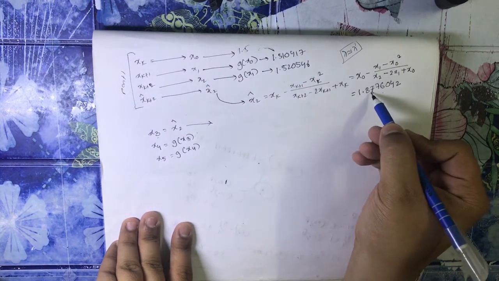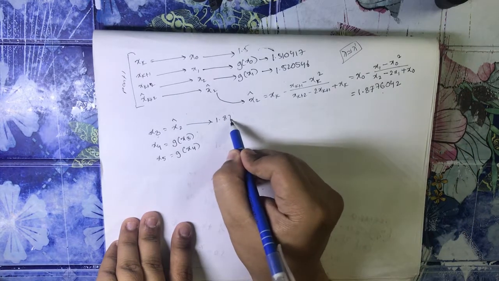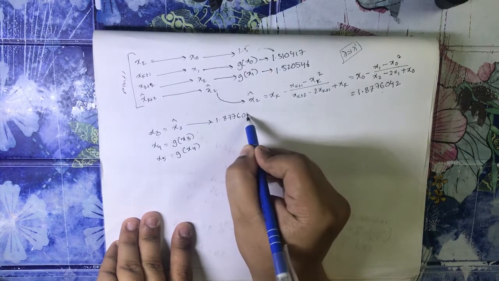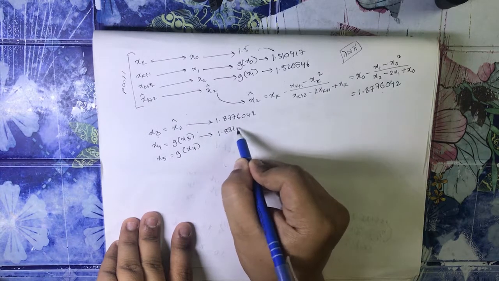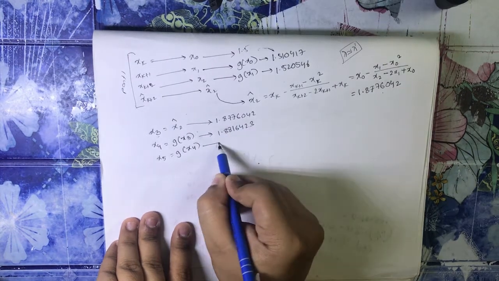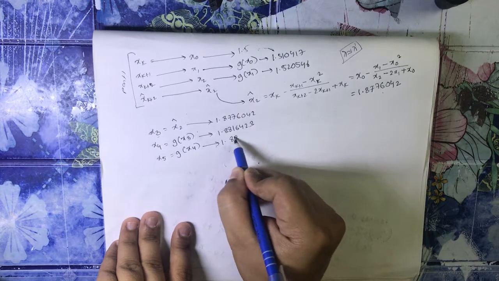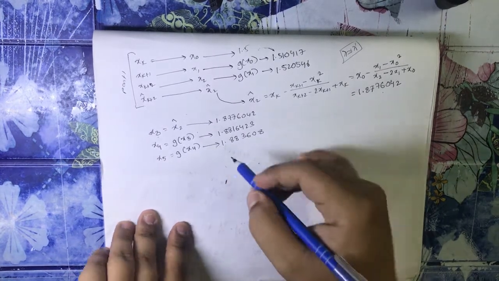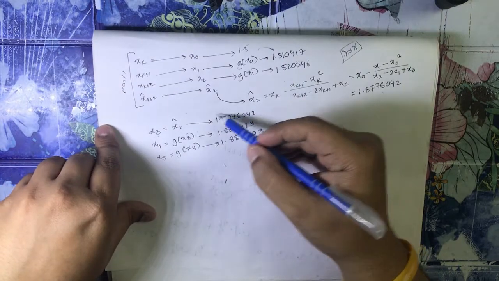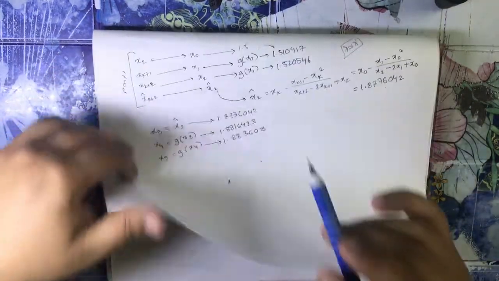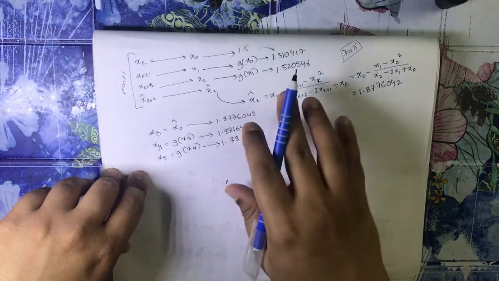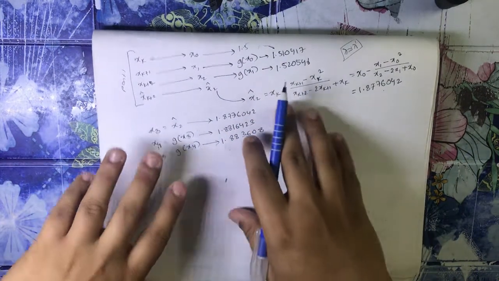We know from this step that it is equal to 1.877642. This will come out as 1.88164223, and this will come out as 1.883608. Once again, use the value of x3, plug it into the map of g, and you'll get x4.